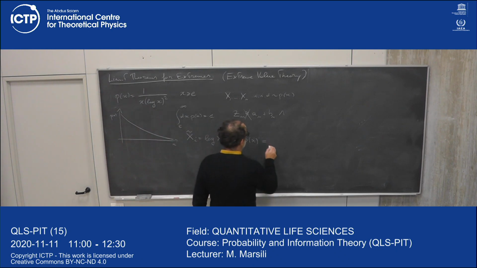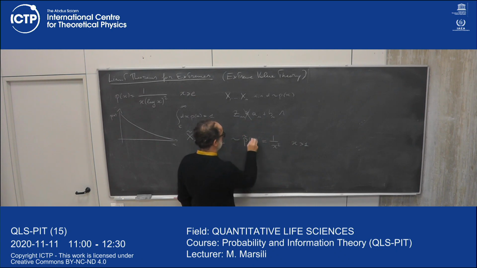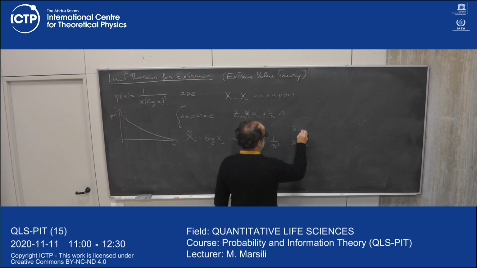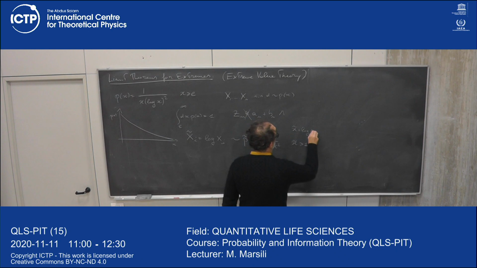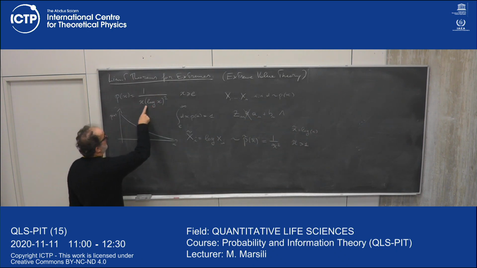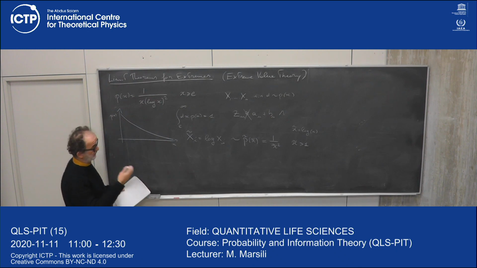What you will find is that the probability distribution of this random variable is 1 over x squared for x larger than 1. Let me call this x tilde, so x tilde is log of x. So you see that this is 1 over x tilde squared, and this 1 over x is just the Jacobian of the transformation from x to x tilde.